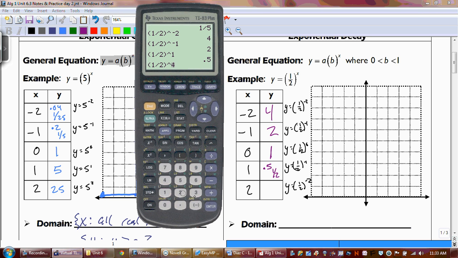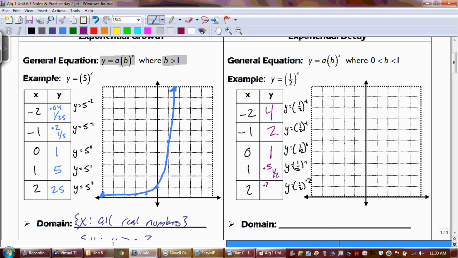And 1/2 squared, you get 0.25 or 1/4. So as we're graphing this, we have to be careful because we got -2, 4; -1, 2; 0, 1; 1, 1/2, and then after that it gets kind of hard to do.